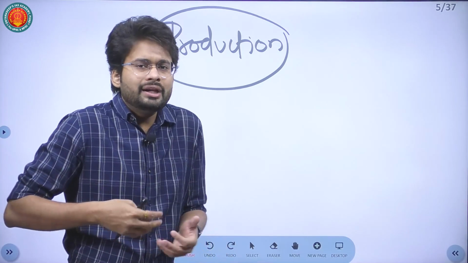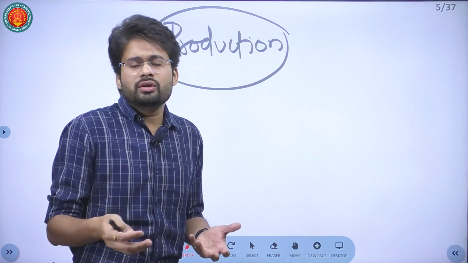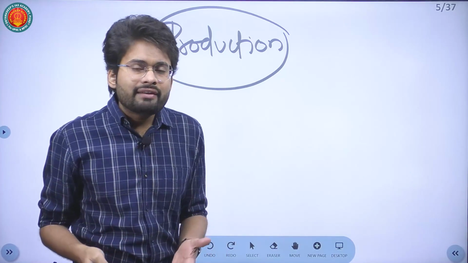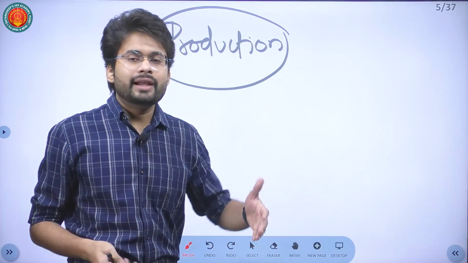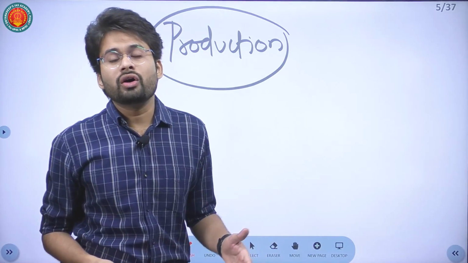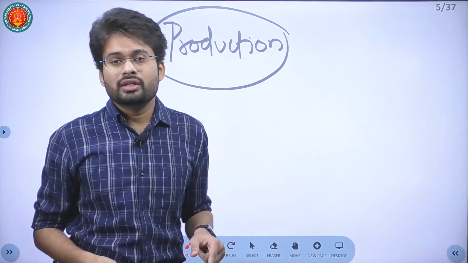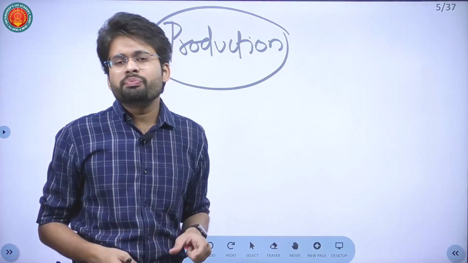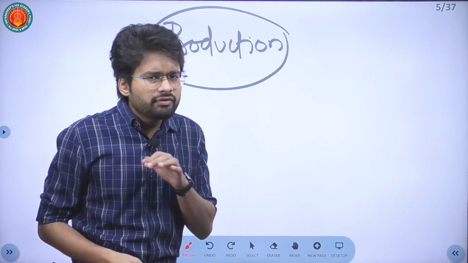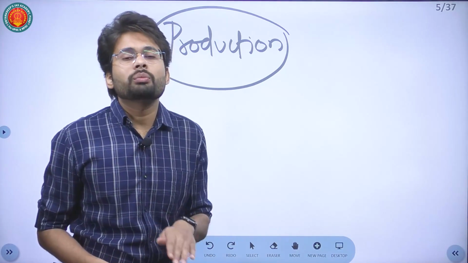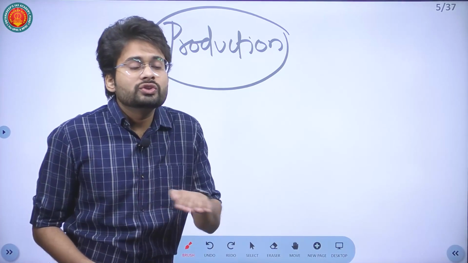And if man won't survive, society won't. The survival of society, like man, is dependent on the production process. That's how the process of production is at the very foundation of the survival of society itself.